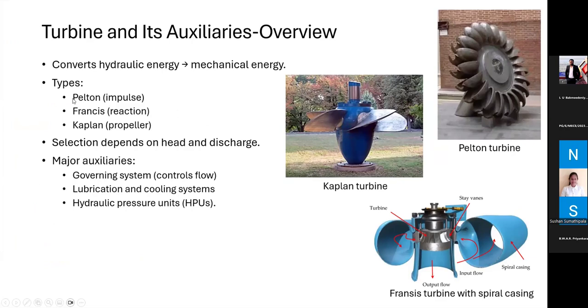Because most of the people are from a mechanical background, you might be more familiar with these turbines than me. The Pelton turbine, Francis and Kaplan. The Pelton turbine is the impulse turbine, a Francis turbine is a reaction type turbine, and a Kaplan is a kind of propeller turbine.